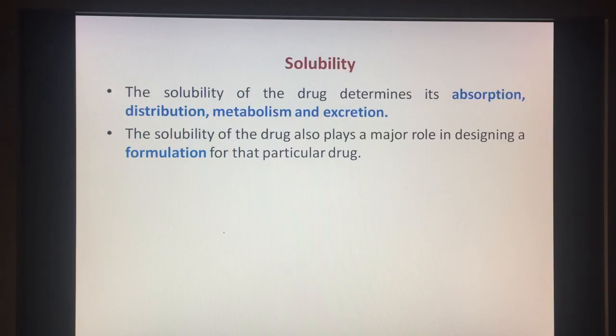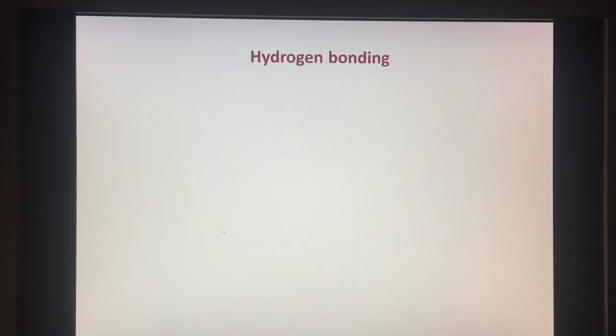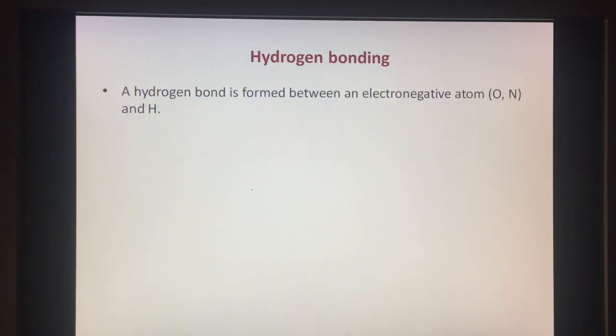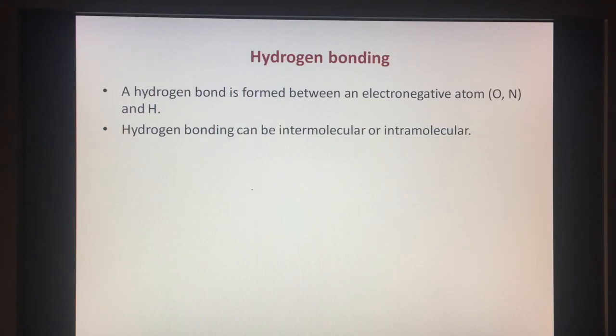Now another important property is the hydrogen bond formation. As we know, a hydrogen bond is formed between an electronegative atom, it may be oxygen or nitrogen, and a hydrogen. Now this hydrogen bonding can be intermolecular or intramolecular.